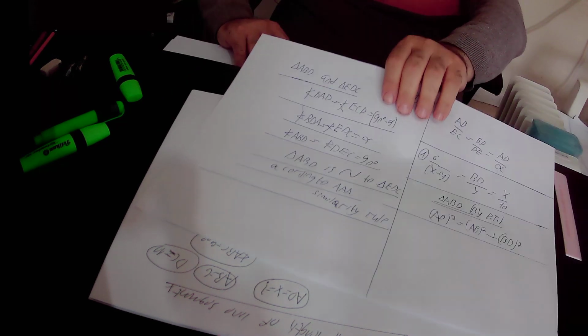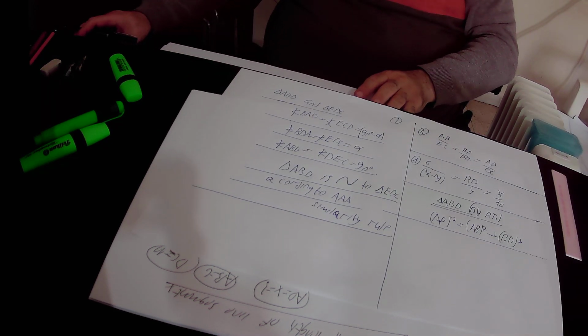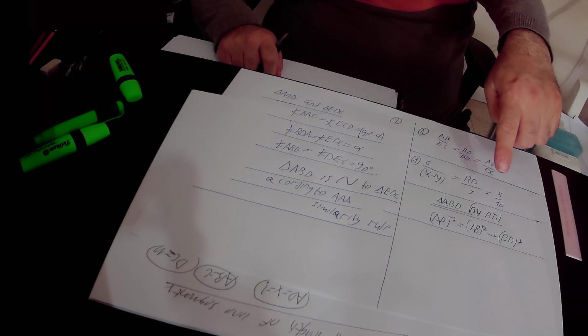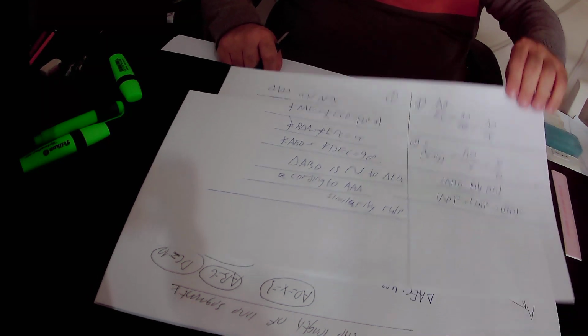I repeat again: in the right triangle ABD, AD squared equals AB squared plus BD squared.